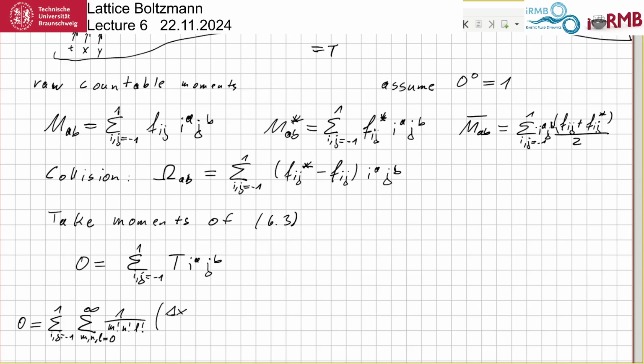We have delta x divided by 2 to the power of n plus l, and delta t divided by 2 to the power of m. Then the mth derivative in t, with n in x and l in y.